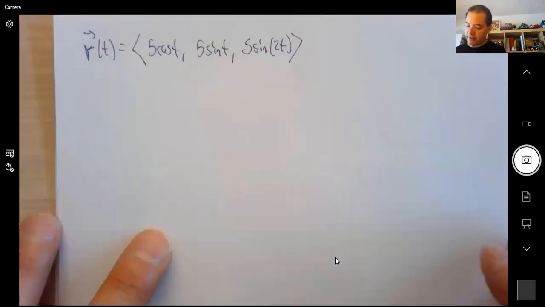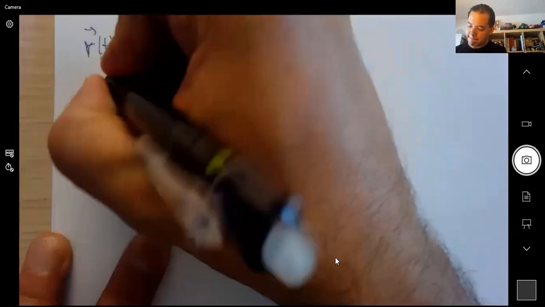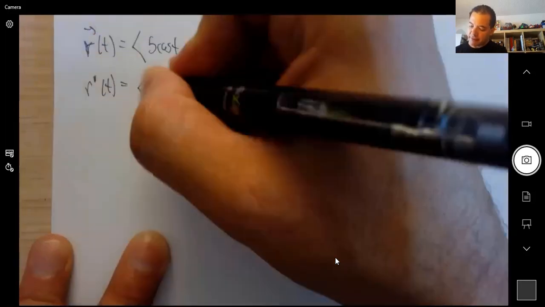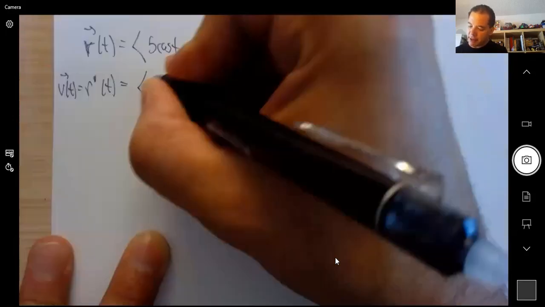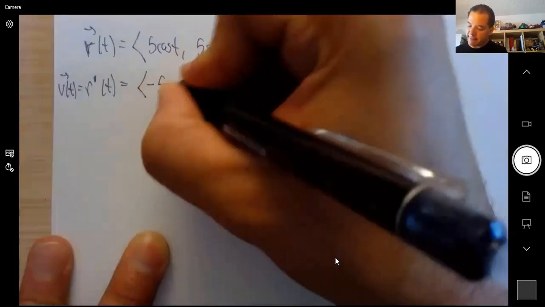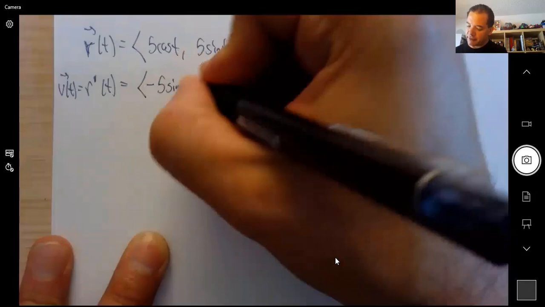So let's do the derivative. That's the velocity. And that will be negative 5 sine t, 5 cosine t.